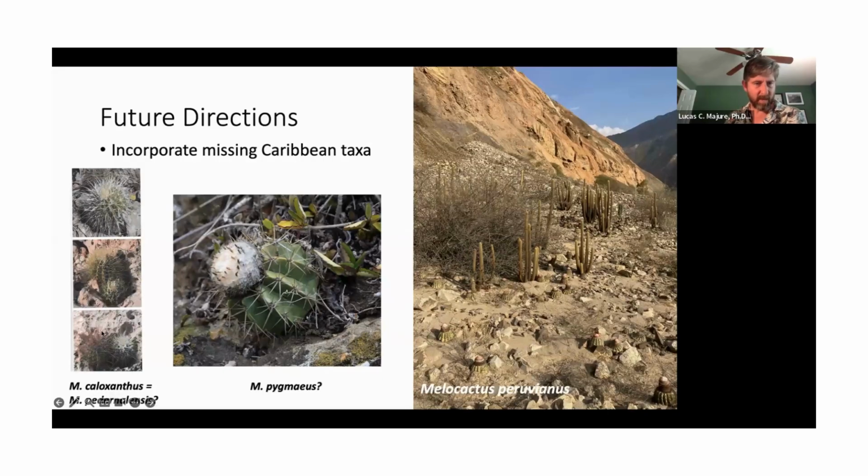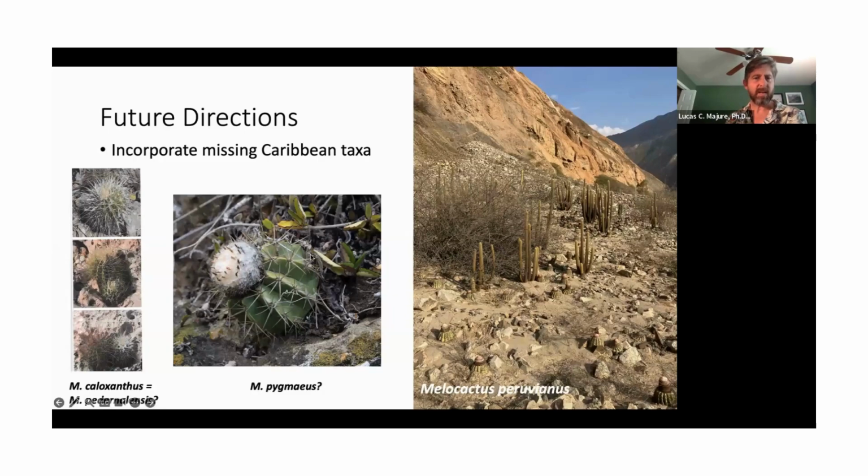Because even when they described the species, they had very normal Pedernalensis material that they found growing directly with calosanthus. And a bit of the morphology you see in calosanthus overlaps substantially with Pedernalensis. But it still would be really nice to be able to include members from those populations into a phylogenetic analysis so we could have even more data to throw at this taxonomic issue.